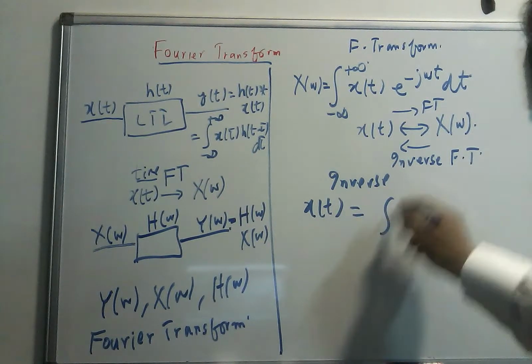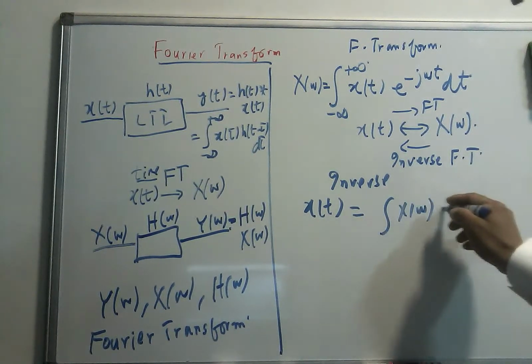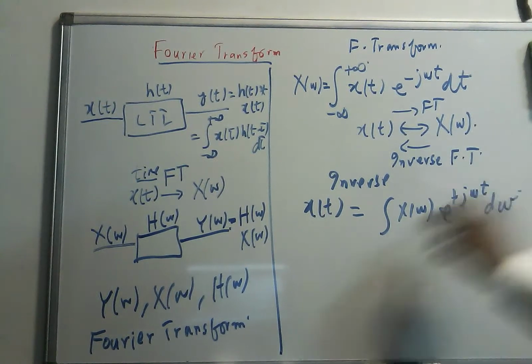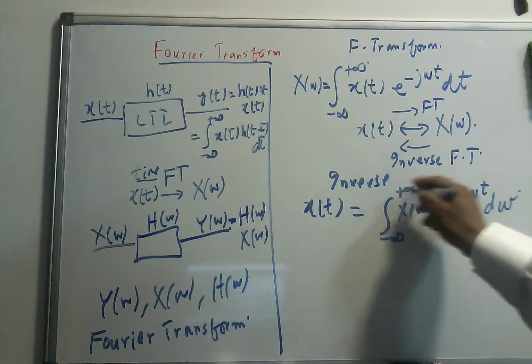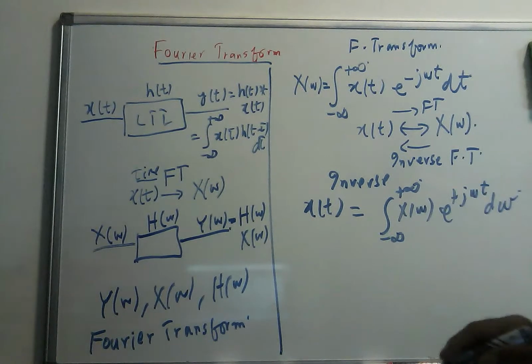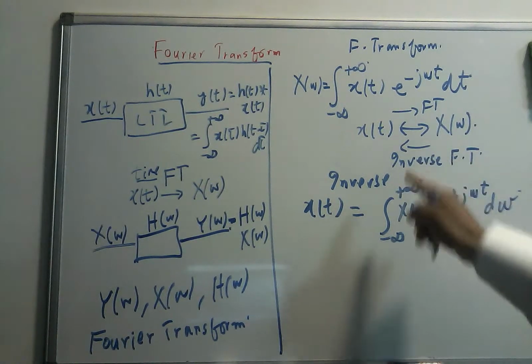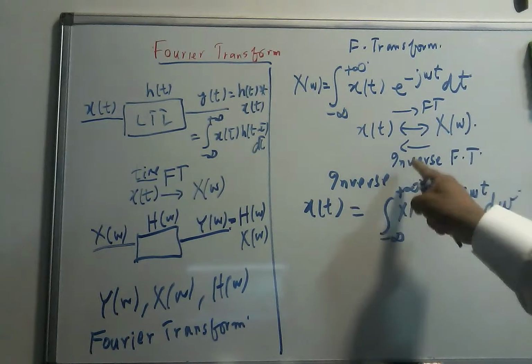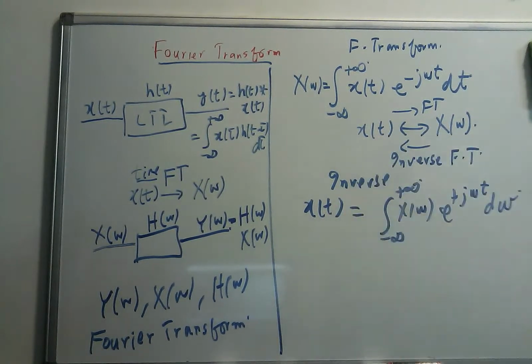It will be x of omega e raised to the power plus j omega t d omega, from minus infinity to plus infinity. In this way, I can go from the time domain to the frequency domain, and from the frequency domain back to the time domain.